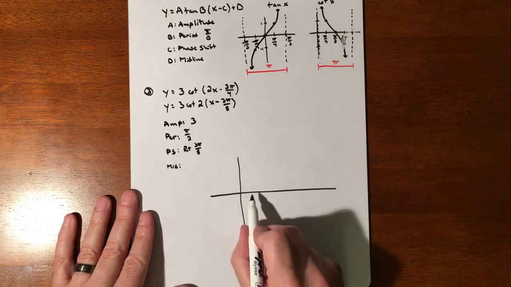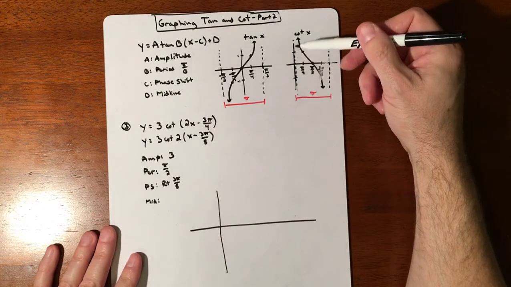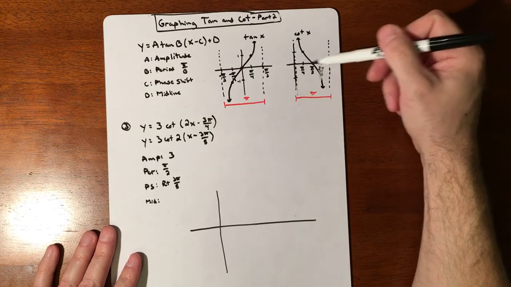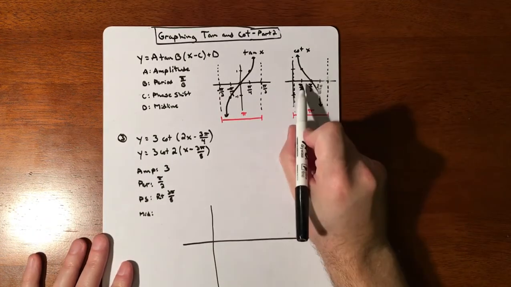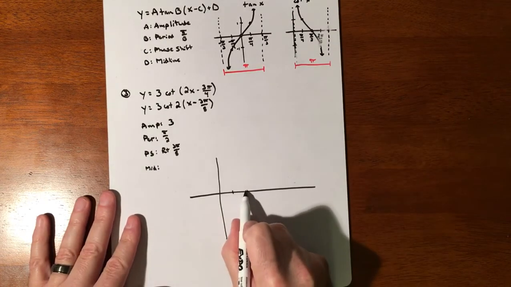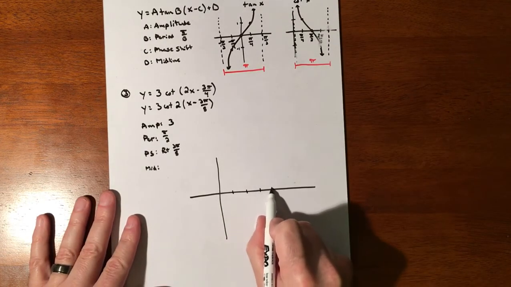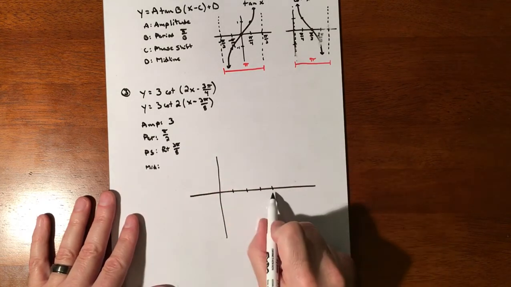to the right. For cotangent, we're going to go from asymptote to asymptote, starting at the origin. So we're going to plot 1, 2, 3, 4 spots to the right. Our period is pi over 2.